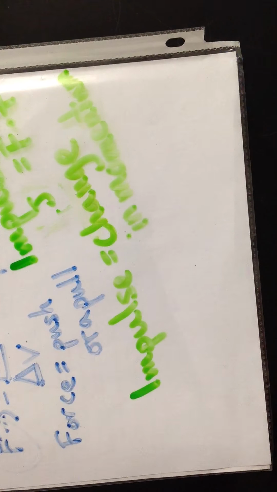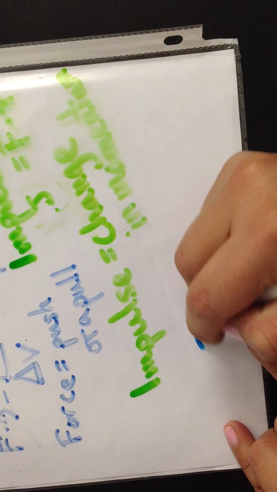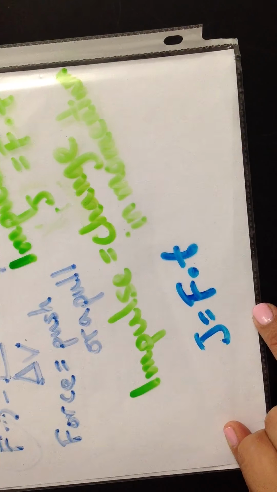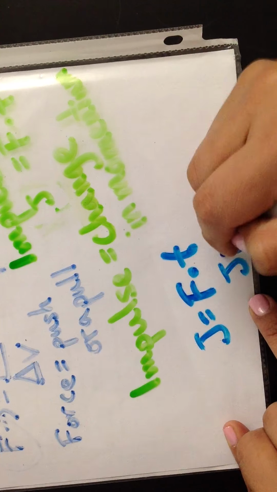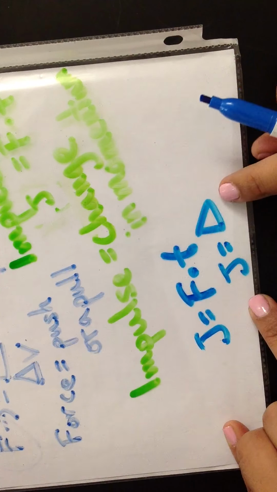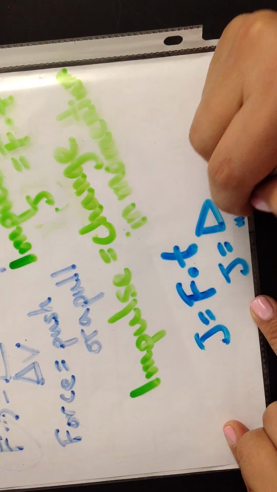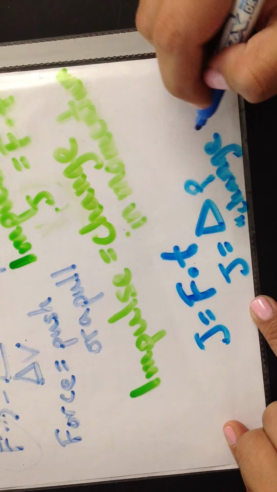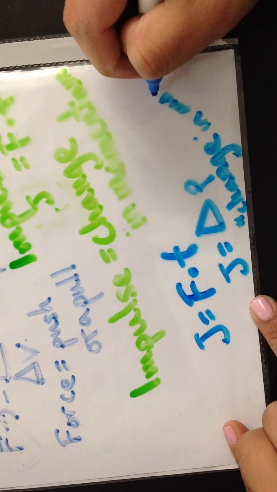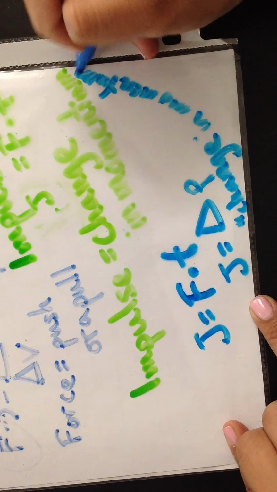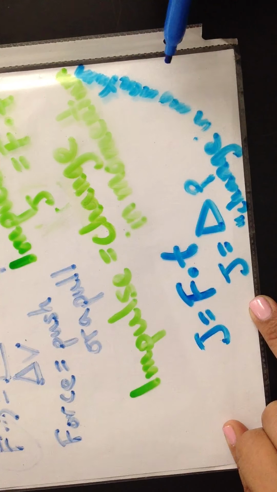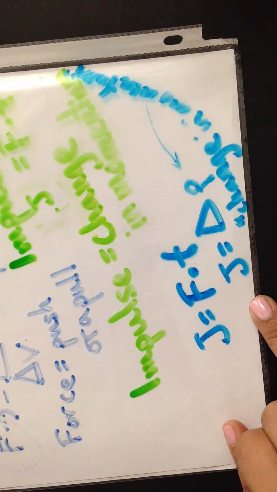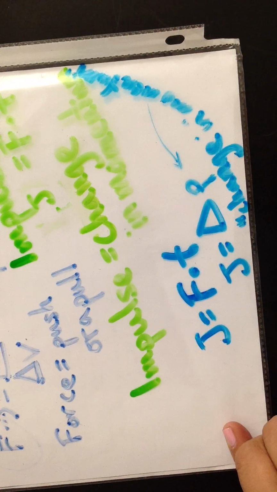The equations for impulse are J equals F times t, and J can also equal a change in momentum, delta P. Delta means change, and this P symbolizes your momentum.